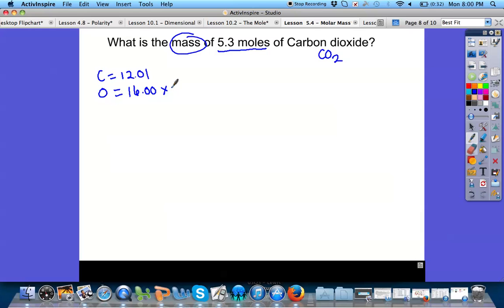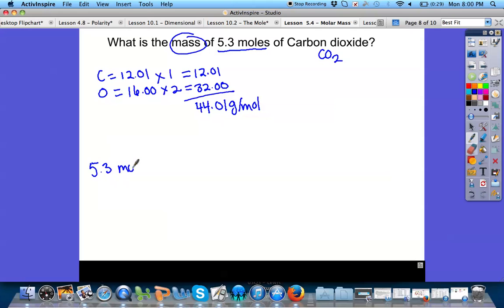This is times 2 times 1. For 44.01 grams per mole.